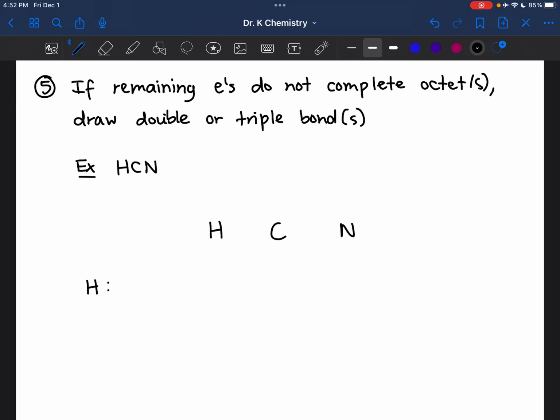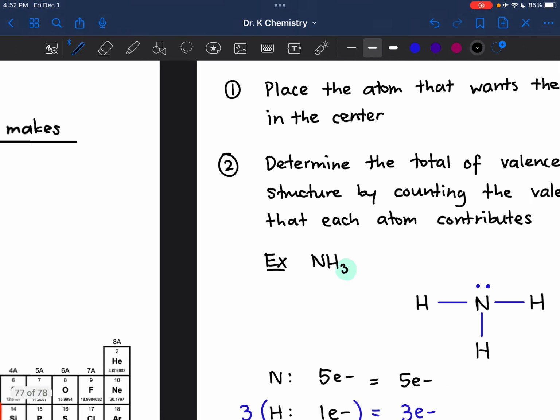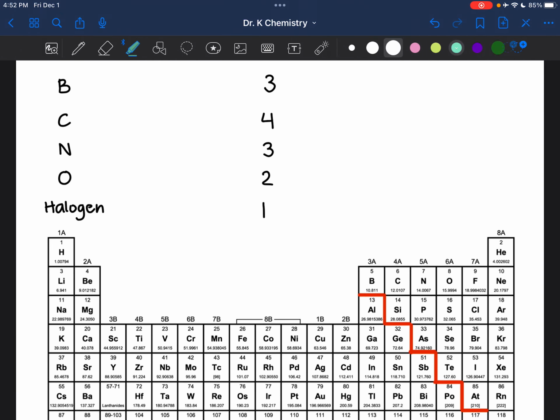The next thing we're going to do is calculate how many valence electrons are present in the total formula. Hydrogen has 1 valence electron, carbon has 4 valence electrons, and nitrogen has 5 valence electrons. And these numbers, of course, come from the periodic table. Nitrogen is in group 5A, so that's where 5 valence electrons come from.